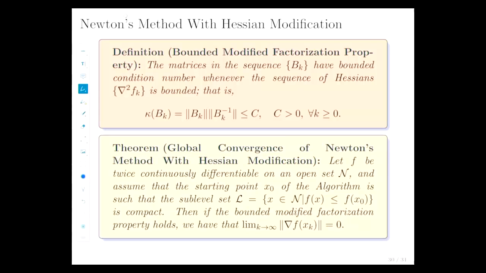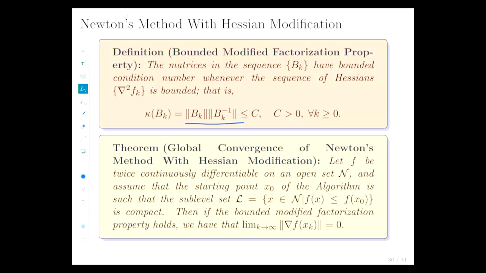This is a property that we saw last time as well. If the condition number of B_k is bounded by some C, we call it the bounded modified factorization property. We want to make sure that all B_k satisfy this property.